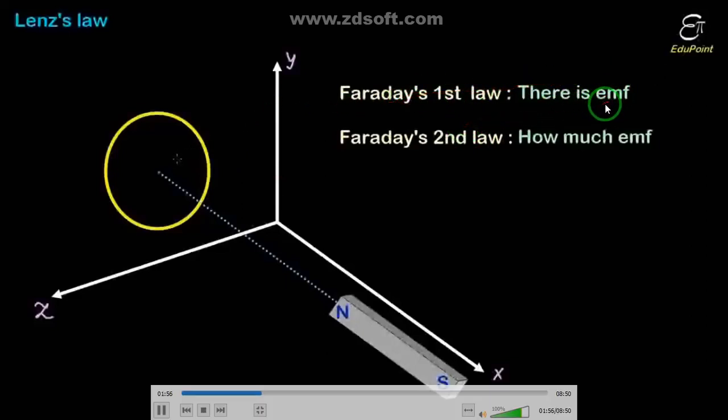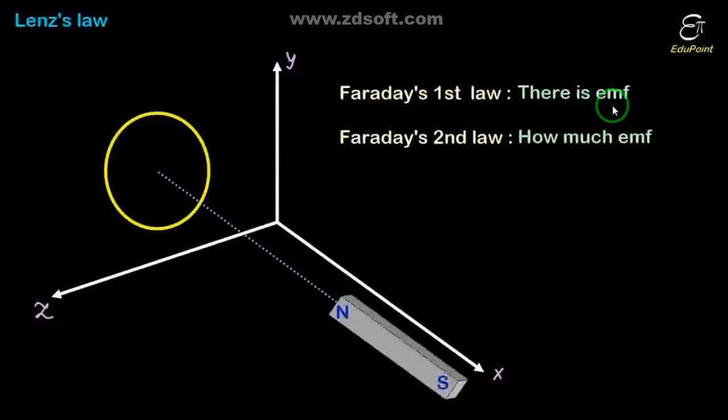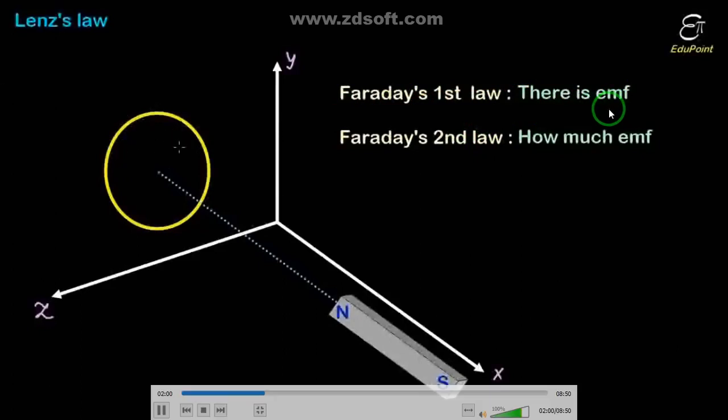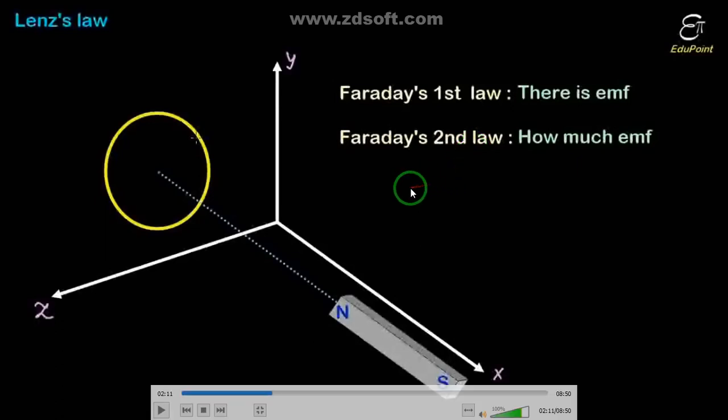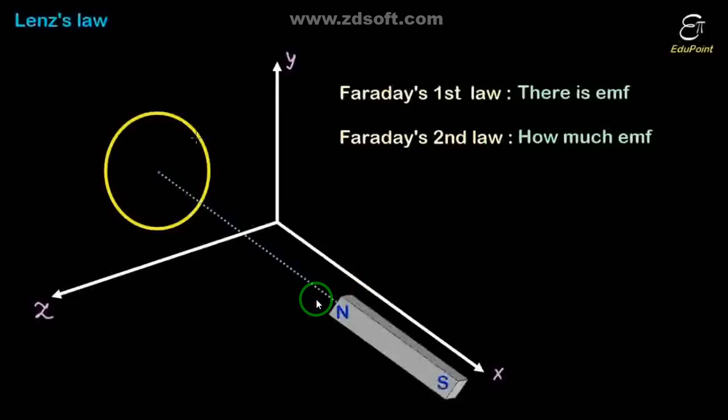It discusses the EMF induced, and Faraday's second law discusses the magnitude of the induced EMF. That means the magnitude of the EMF depends upon the rate of change of flux lines.